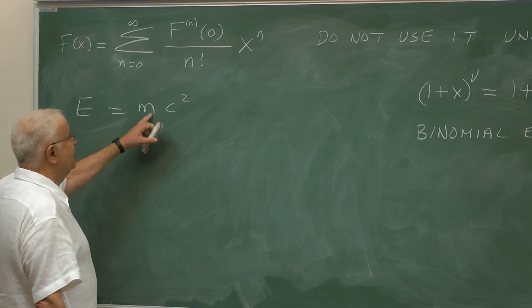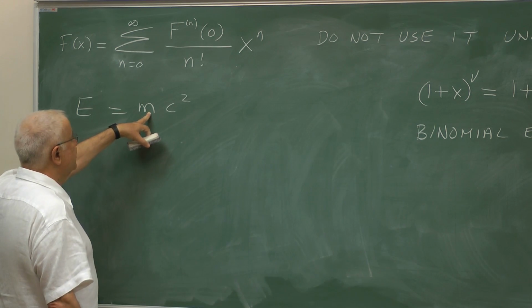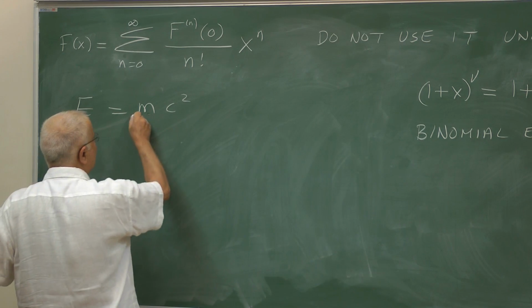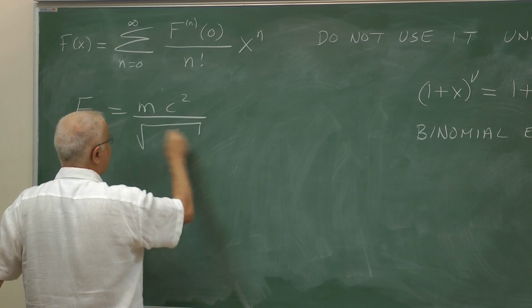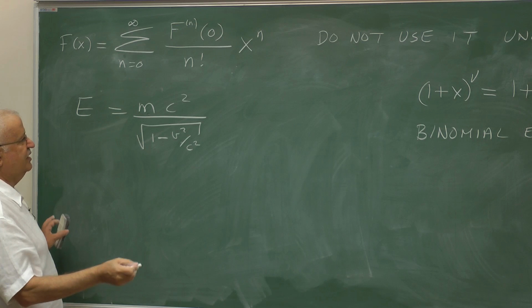But this m is not our m. The m we use nowadays is the so-called rest mass. Einstein's m was actually m divided by square root of 1 minus v squared over c squared. So that's the idea.